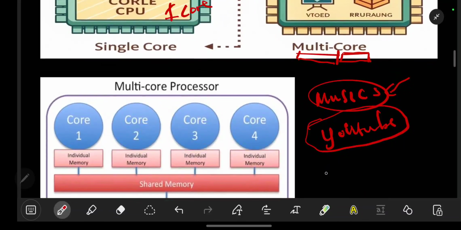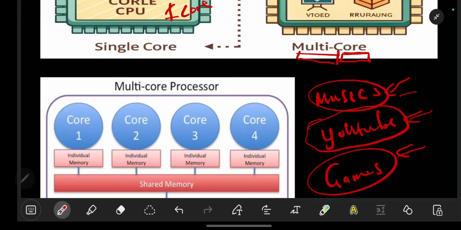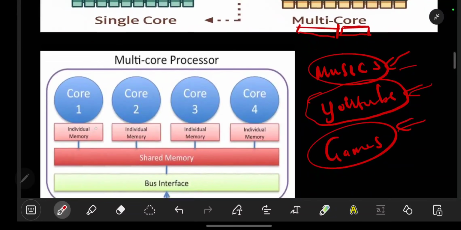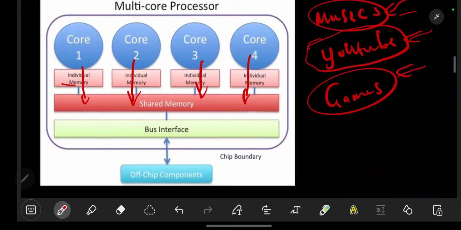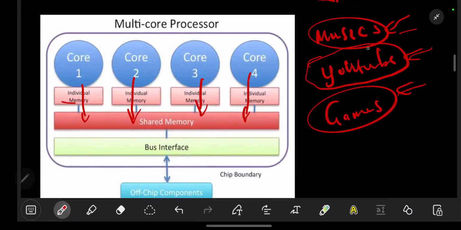Then at the same time, you might be playing games. Now a computer with multiple cores will be able to execute these 3 tasks at the same time by instructing one core to execute one task, the second core to execute another task, to produce a faster rate of action.